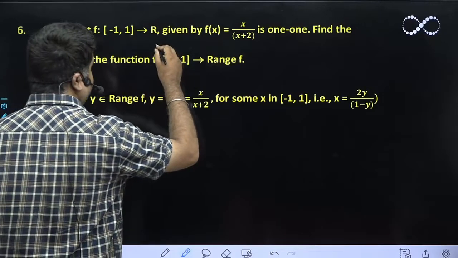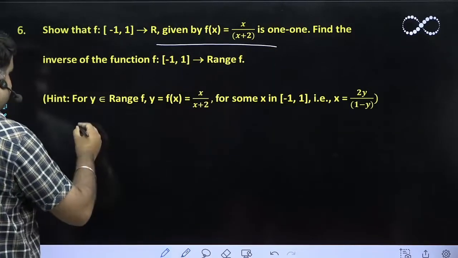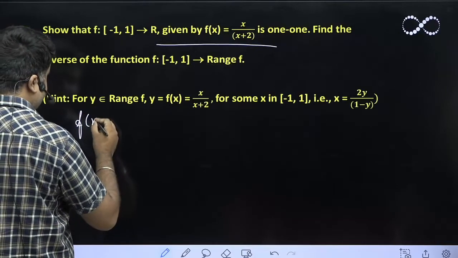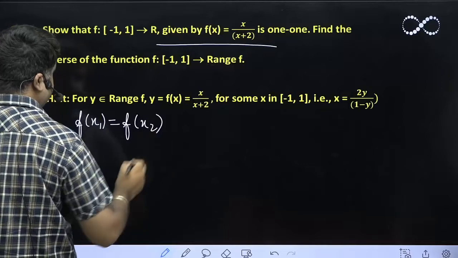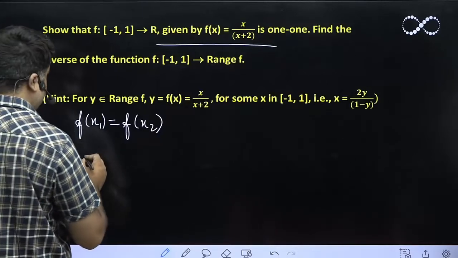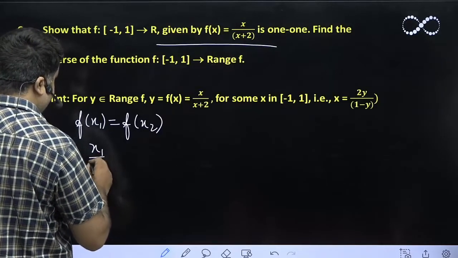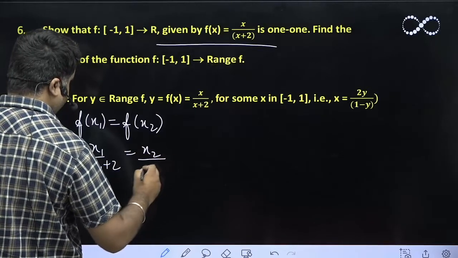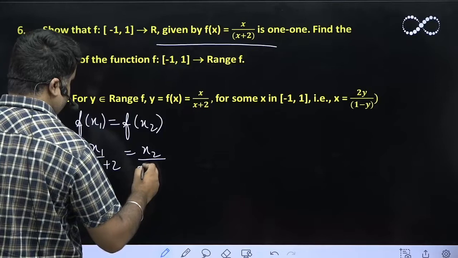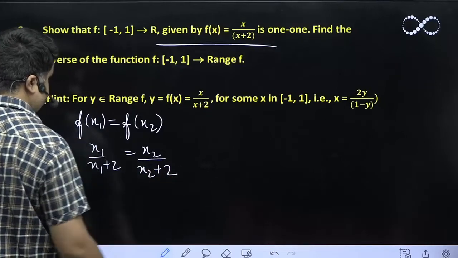We need to show that this function is a one-one function. So the condition for a one-one function is if we have f(x1) is equal to f(x2), then x1 should be equal to x2. So we get x1 upon x1 plus 2 is equal to x2 upon x2 plus 2, right?